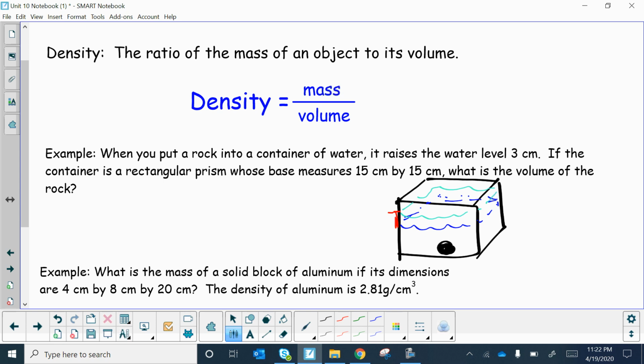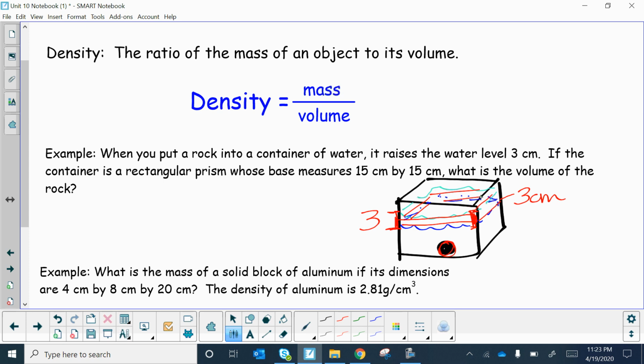So from there to there is 3 centimeters. So the way you figure out the volume of this rock down here is you find the volume of that rectangular prism that it rose.